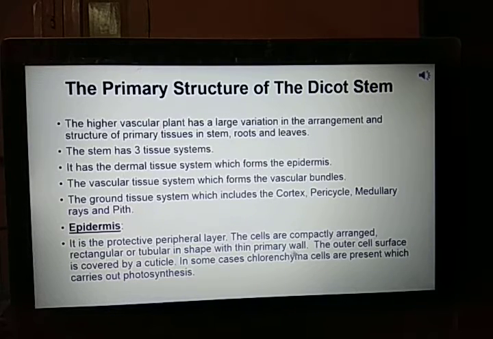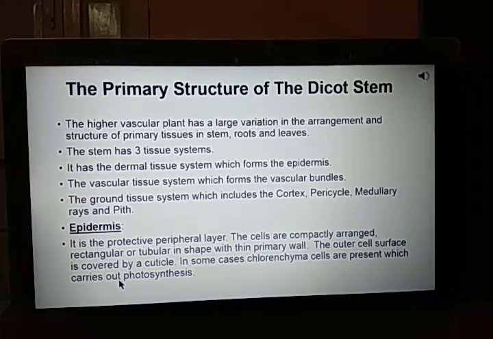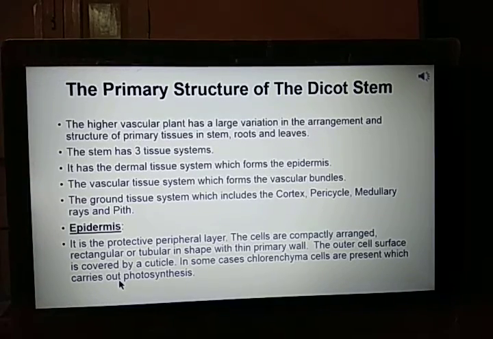The outer surface of these cells is covered by a cuticle. In certain cases, chlorenchyma cells are present, which contain chloroplasts and hence help in carrying out photosynthesis.